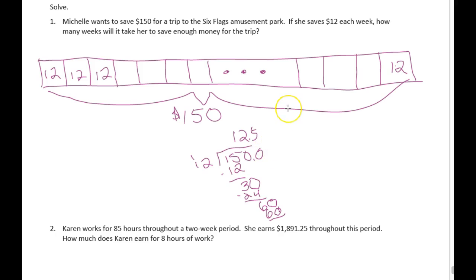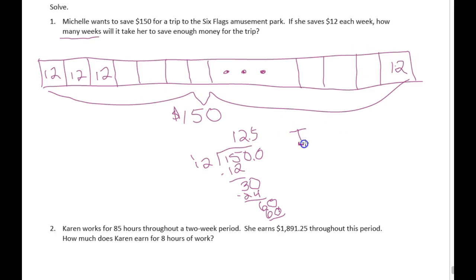So how many weeks is it going to take her? So I'm going to underline how many weeks. Because if you were going to say 12.5, then you're kind of thinking, well, are we talking money? $12.50? No, because we've already got 12 on each of these weeks.